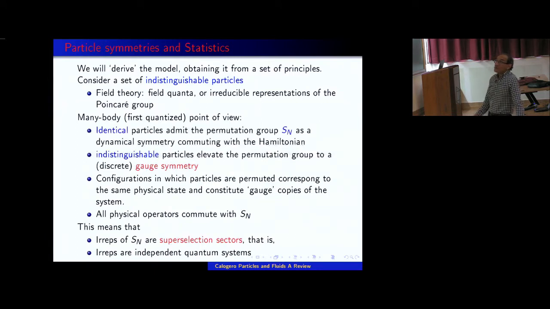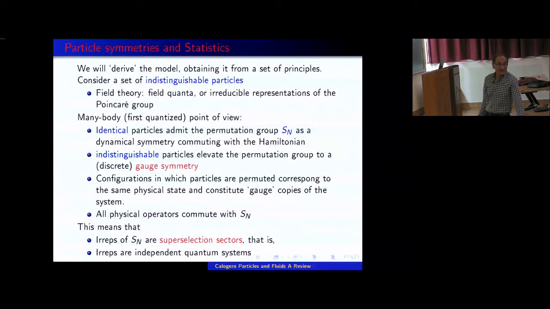In the many-body first quantized point of view, and also in the condensed matter point of view, where you actually have particles moving in a body, we consider the particles as being the fundamental degrees of freedom. But for identical and indistinguishable particles, the permutation group of the particles is a symmetry of, as I mentioned, both the Hamiltonian and all physical observables.